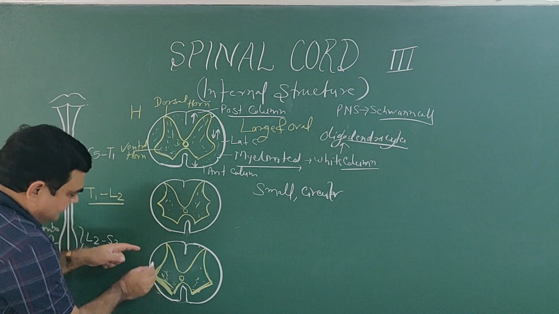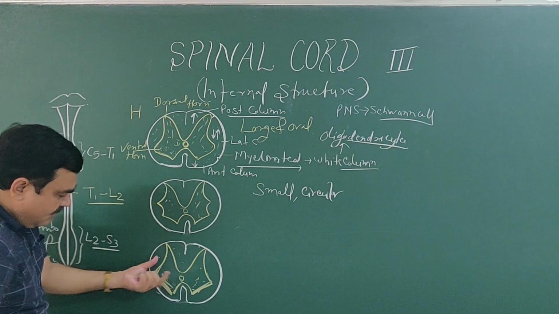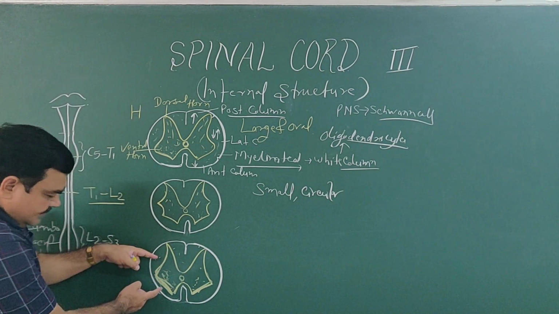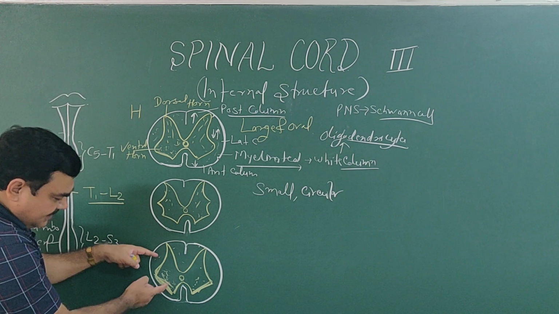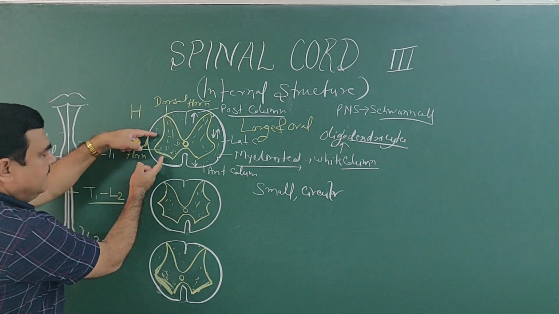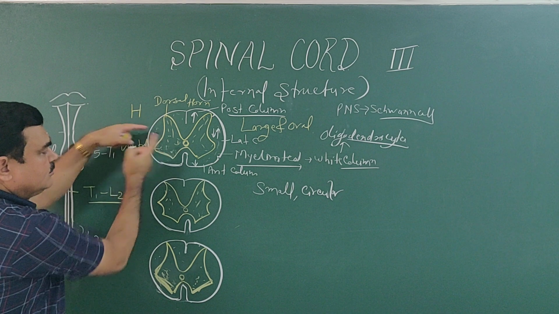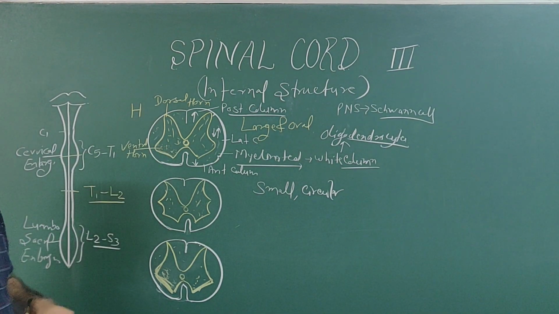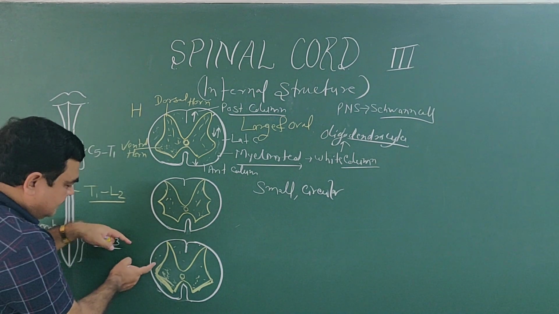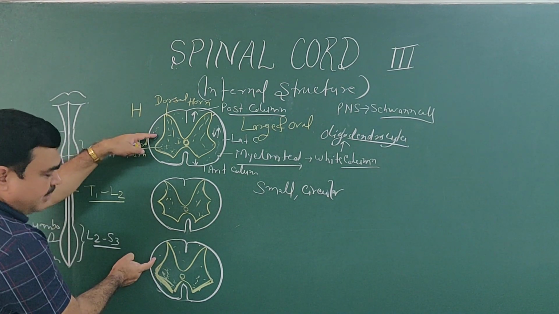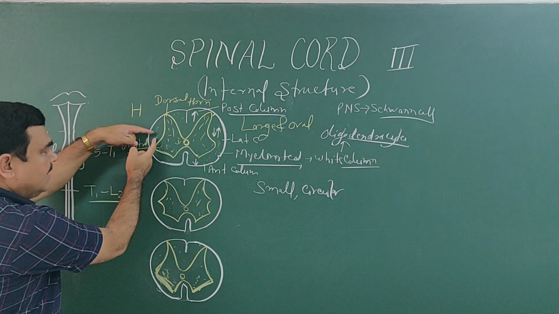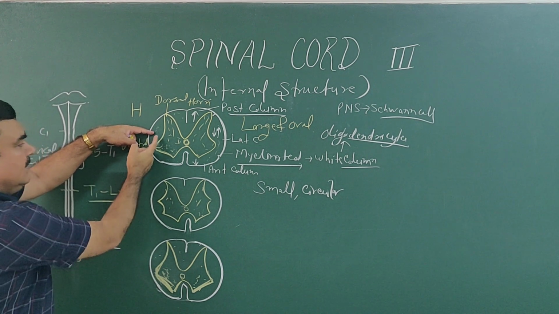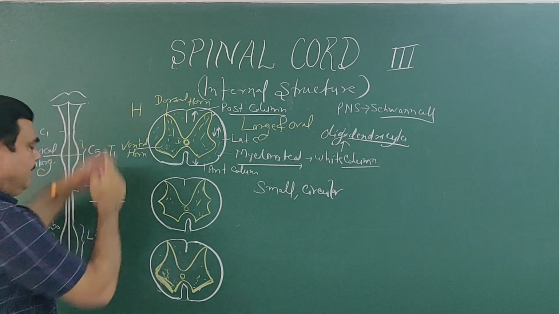So if you compare white matter and grey matter, here white matter is less in comparison to grey matter. But if you compare this white matter to this white matter, here the white matter is large. Why?